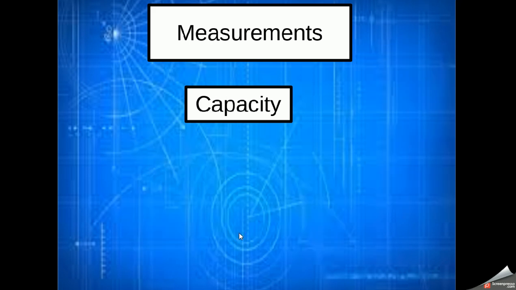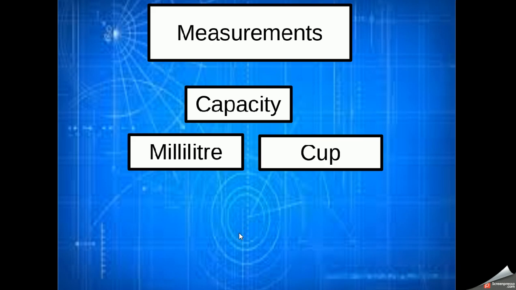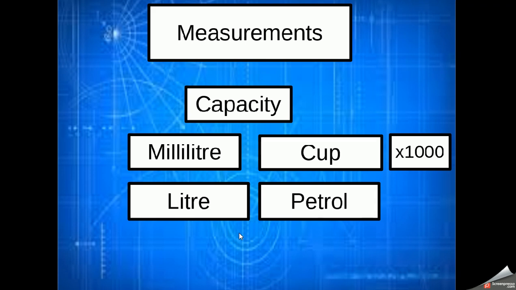Capacity is often mixed up with volume, but in relation to measuring capacity, we've got milliliters. So a cup would have a certain amount of milliliters in it. If we've got 1,000 milliliters, we've got a liter, and liters are used to measure bigger amounts of fluid, tanks and so on. For instance, when I'm putting petrol into my car, it's usually measured in liters.